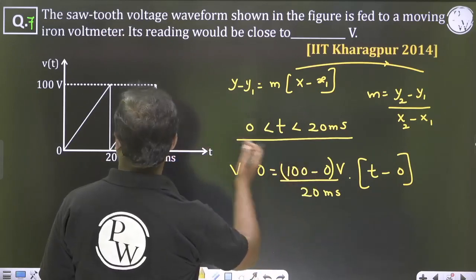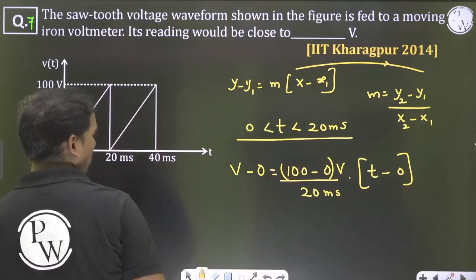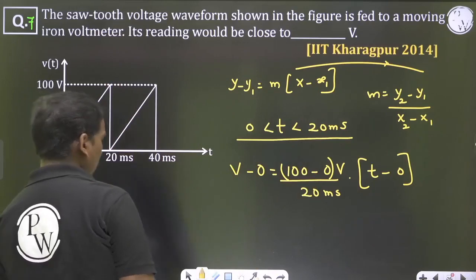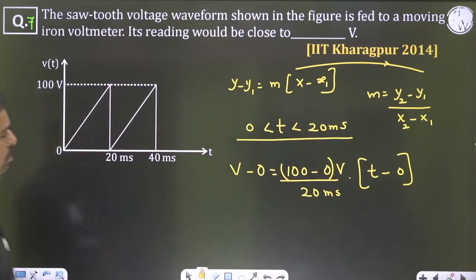So y2 minus y1 is 100 volts minus 0, by x2 minus x1, 20 milliseconds minus 0, into x minus x1, where x is equal to t.